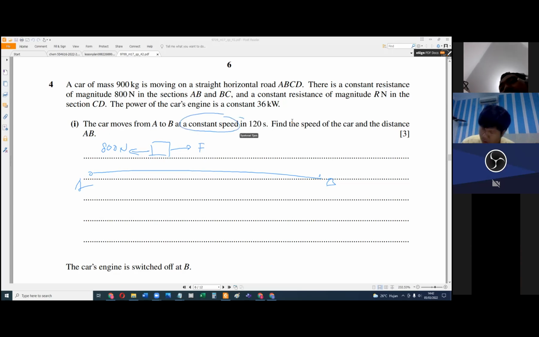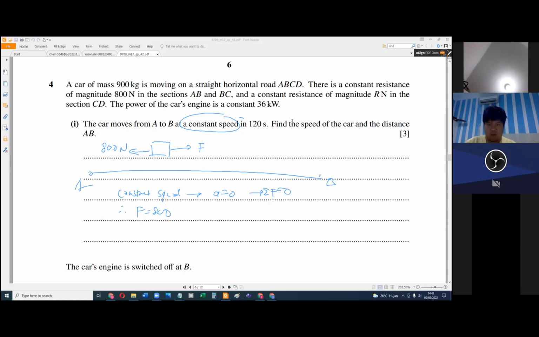Constant speed means acceleration is 0, means the sum of the forces is 0. So F equals 800.